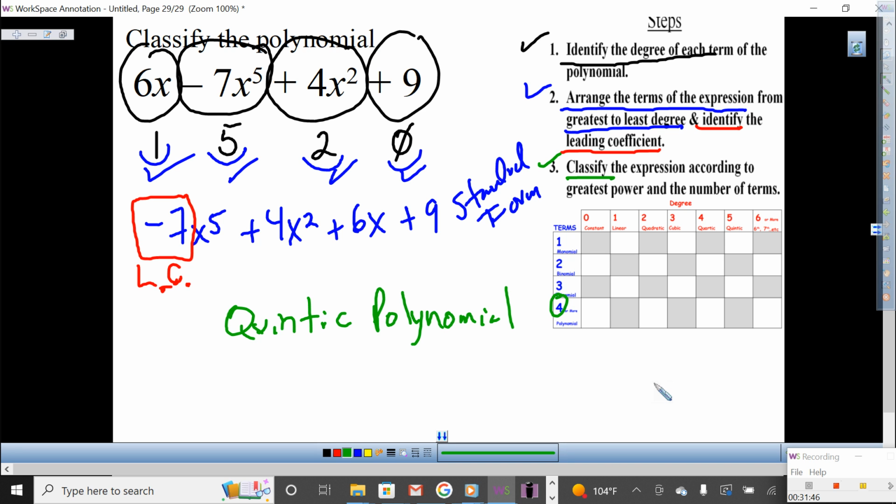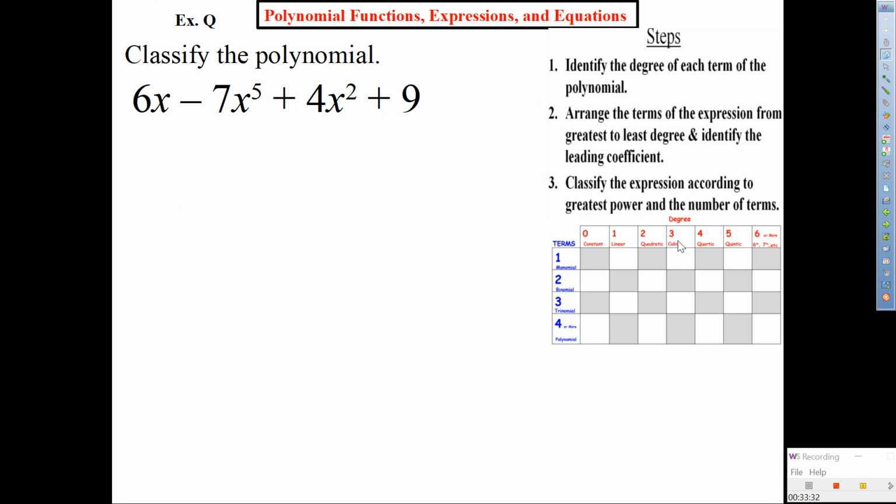Let's do another one. All right, here we go. Example super Q. We got 16 minus 4x squared plus x to the 5th plus 9x cubed. I'll give you a head start, see if you can go through the process by yourself, and then I'll come right after to make sure we got it.